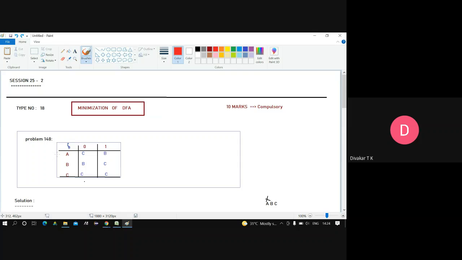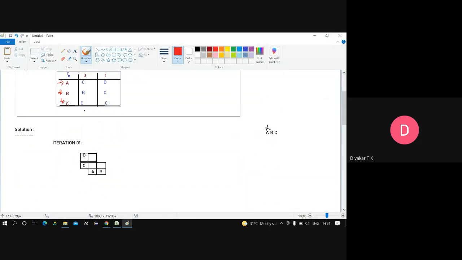So A is the start state. B and C are the ending states, guys. Concentrate. Star means ending state. Once it is an ending state, you are supposed to write a star here. B state is a star, so here also you have to write a star.